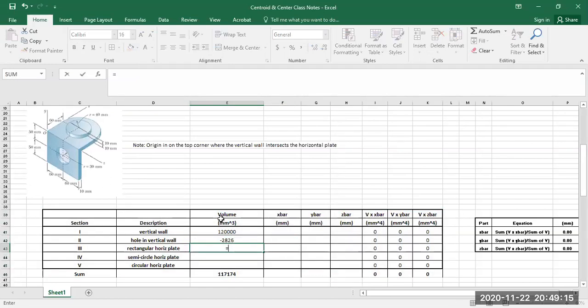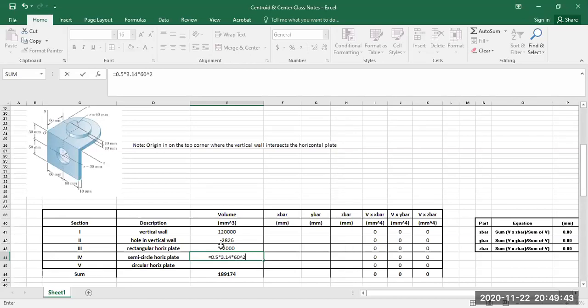Okay, rectangular horizontal plate. So that's 60 times 120 times, it's also 10 millimeters. And then the semicircular is 1/2 times pi r squared, and r for that semicircle is 60.